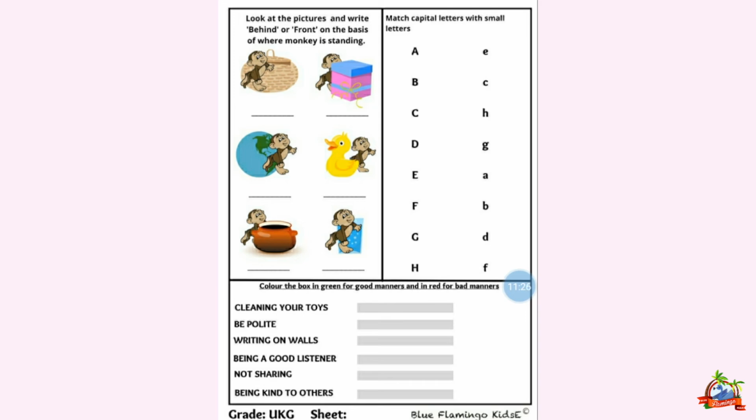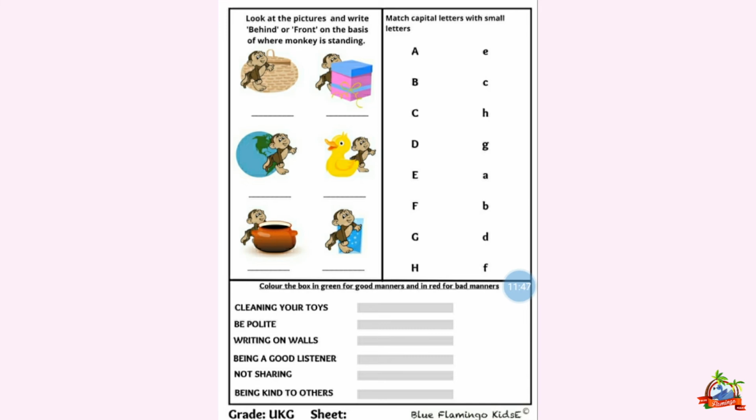Now see the last section, that of EVS, Environmental Studies. Color the box in green for good manners and in red for bad manners. Okay, so what we have to do in this?